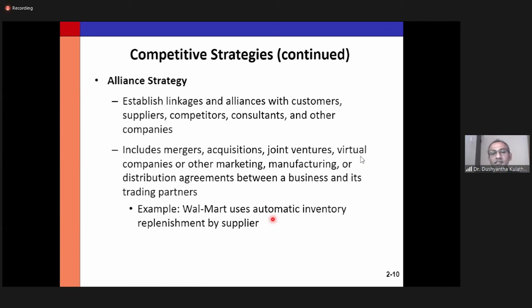When the inventory goes down in Walmart stores, that is automatically identified by the inventory management systems of Walmart, which run within the organization.